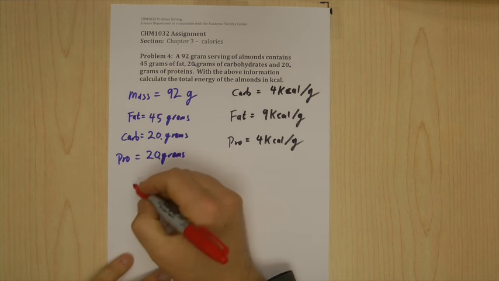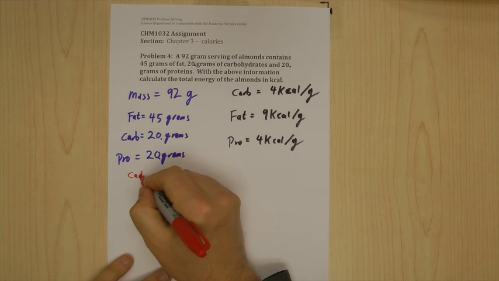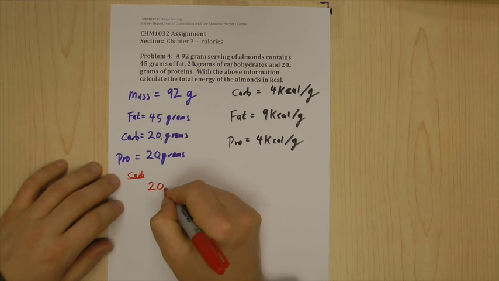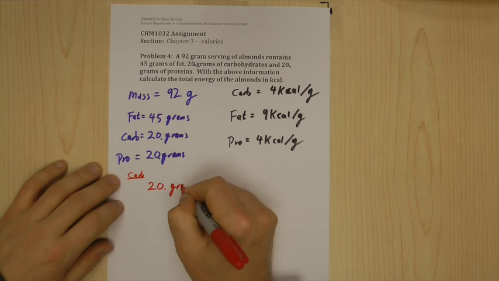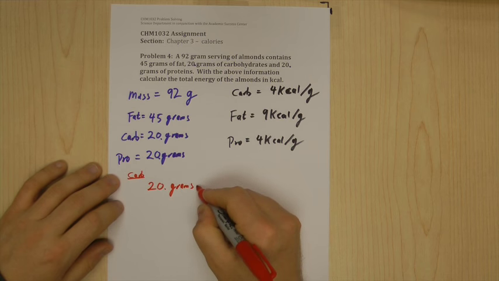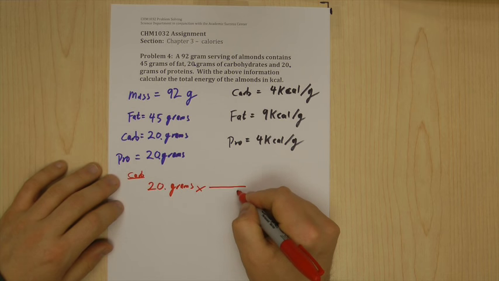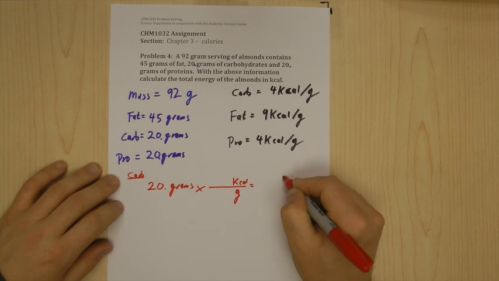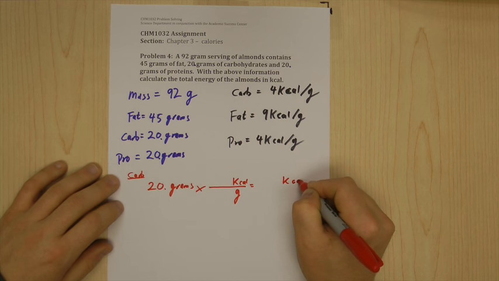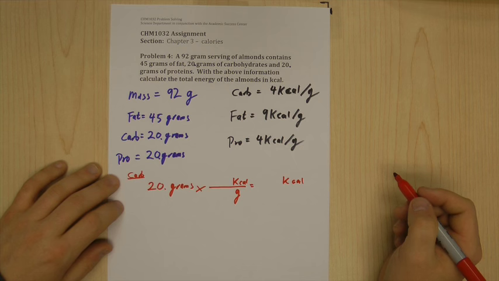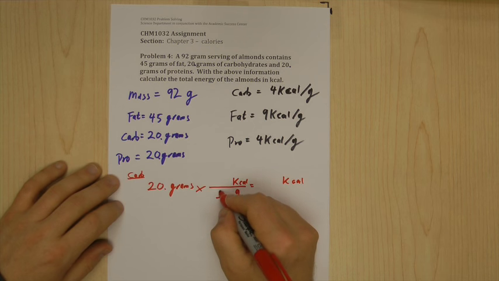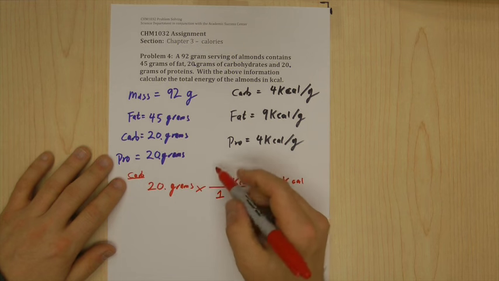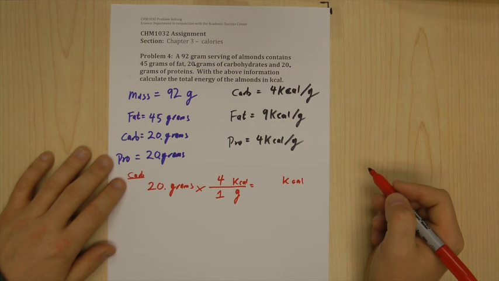So let's start with carbs. We have 20 grams multiplied by something that will put grams on the bottom, kcals on top, equals kcal. So we put the number 1 down here and the number 4, we're talking about carbohydrate, so the number 4 goes up there.